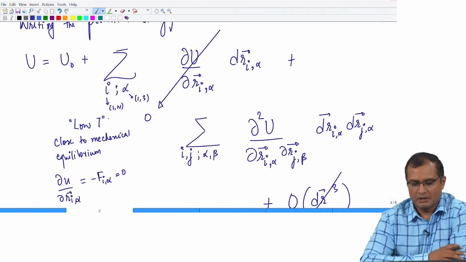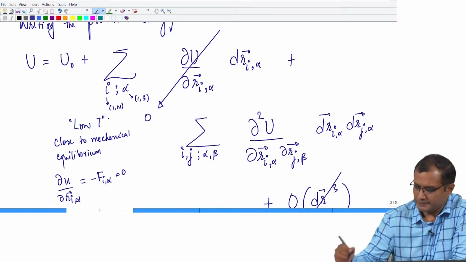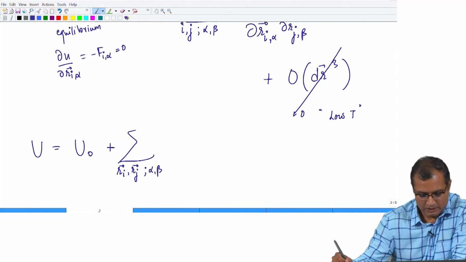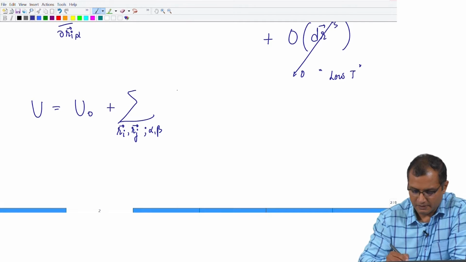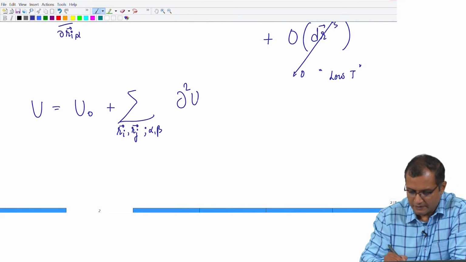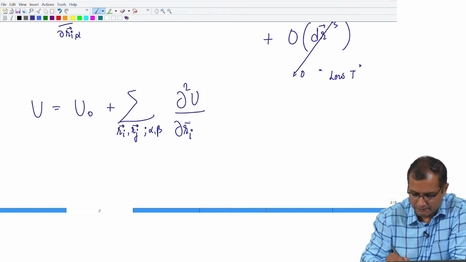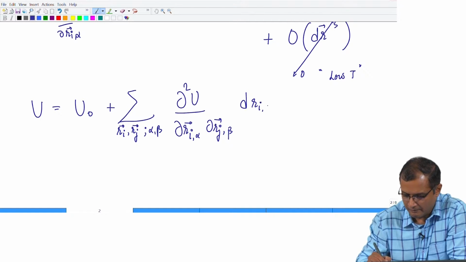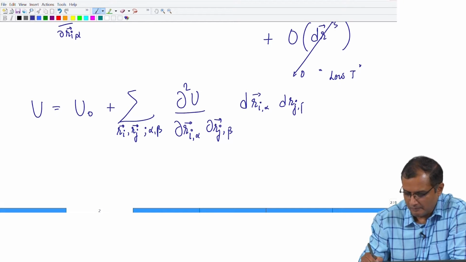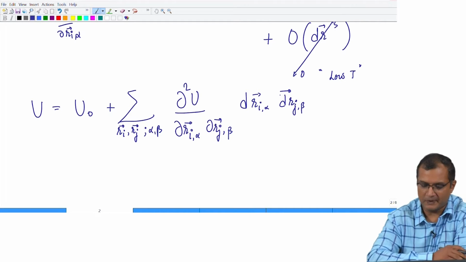Okay. So, now we know that the potential energy is now reduced to a reference u naught plus a second derivative of potential energy with respect to the coordinates. Okay.